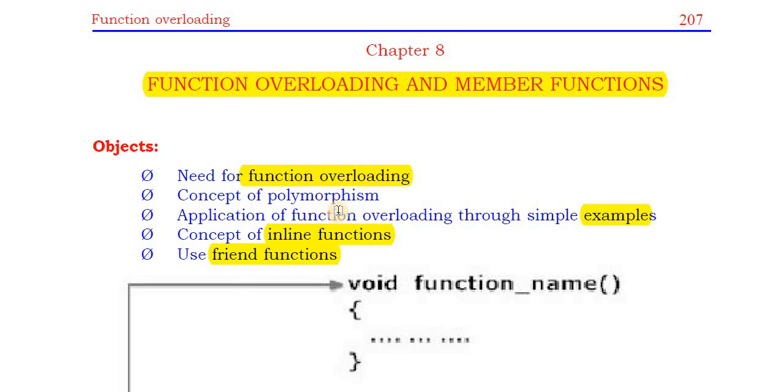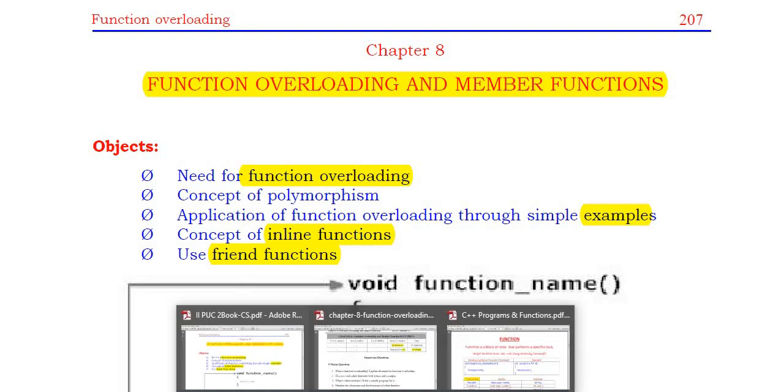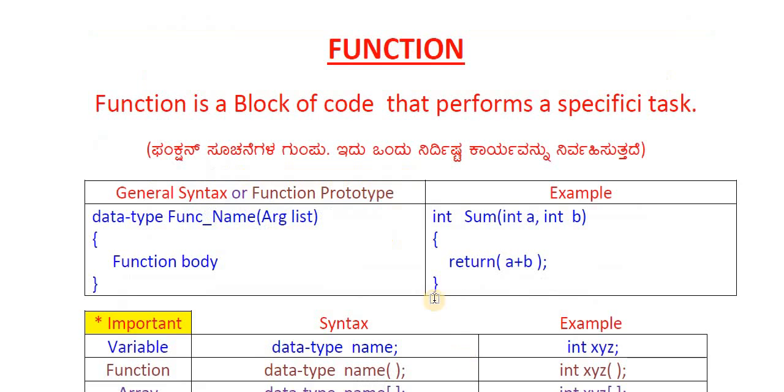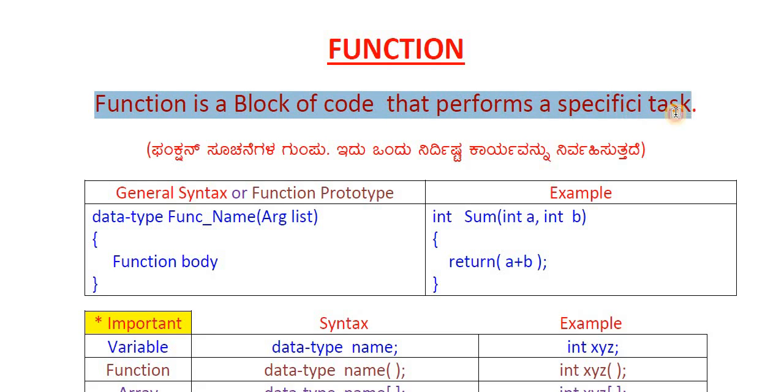Before starting these topics, first I will revise what a function is. We have already studied this in PUC first year, and in the last classes also. There is a simple definition for a function. A function is a block of code that performs a particular or specific task.